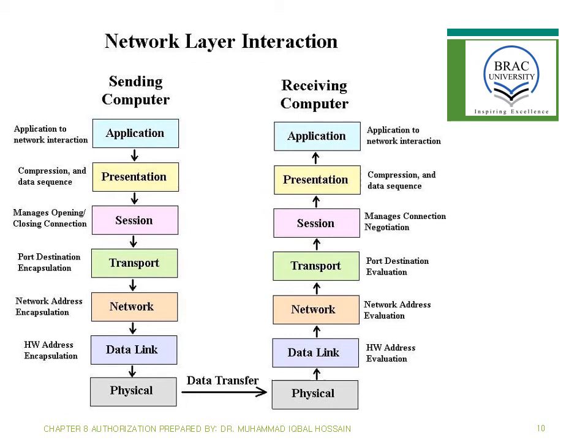In networking we have different layers: application layer, presentation layer, transport layer, network layer, data link layer, physical layer. Whenever we send information from one computer to another, we have to traverse all these layers. So that is the flow of network layer interaction.